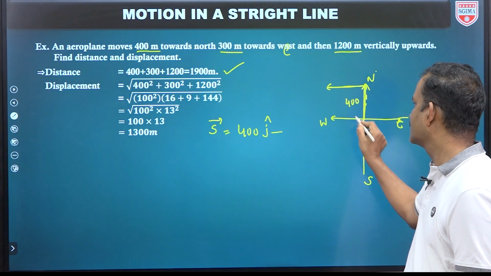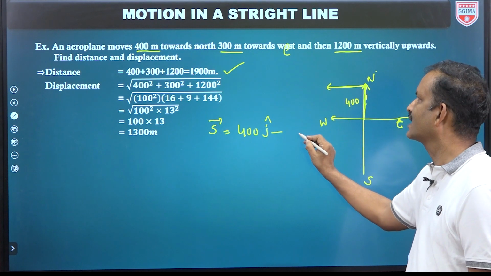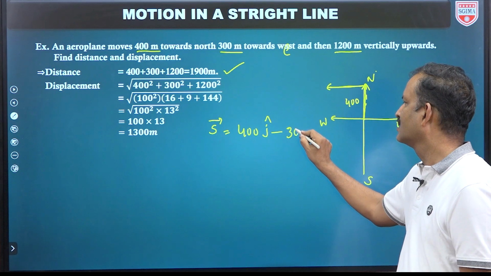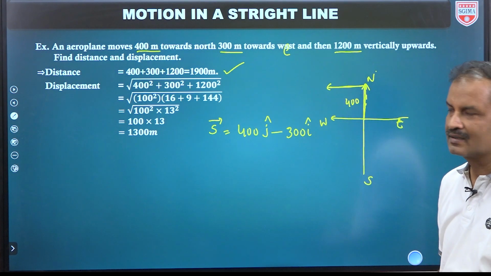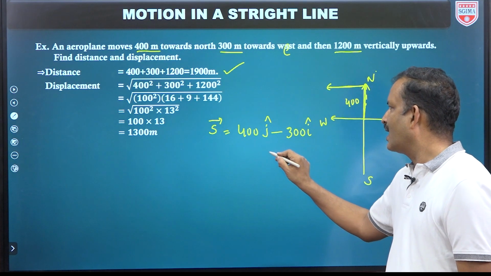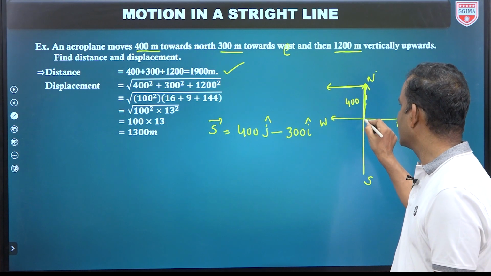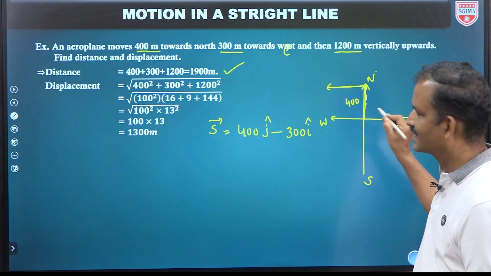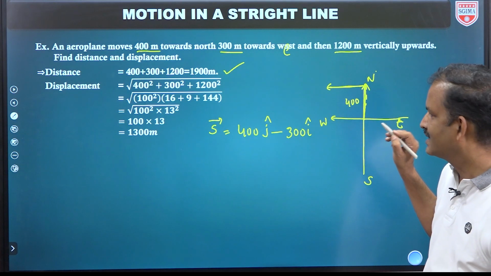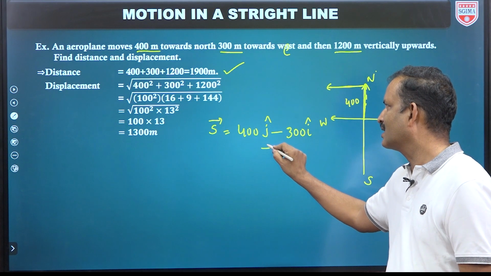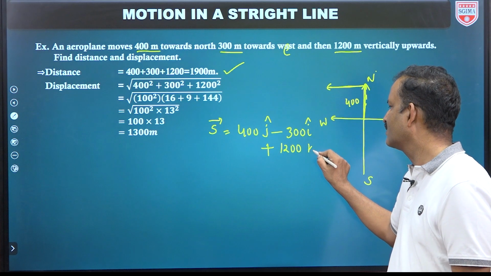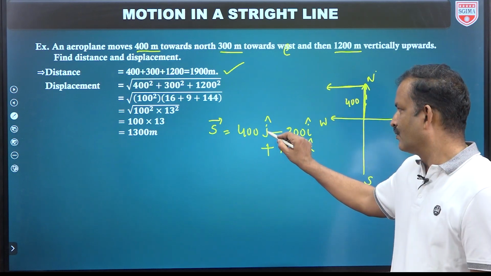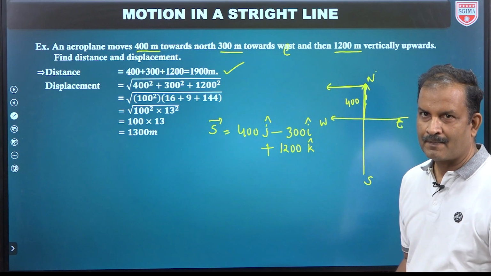West means minus i cap, so 300 i cap, taking it as a vector. Plus, next vertically upward, it is the z-axis. I am taking 1200 in the z-axis direction, unit vector is k cap.